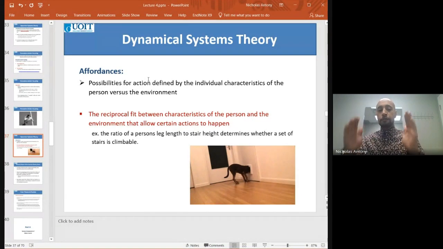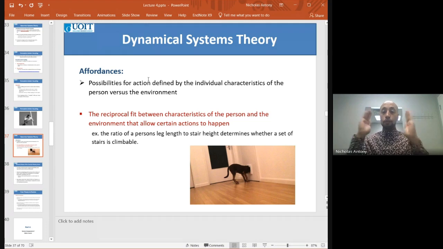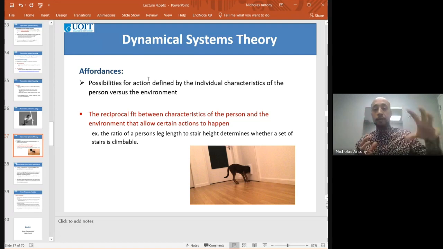In the other, they had a door frame and had people walk through it, and with each repetition they would make the door frame a little smaller. At some point the person would hit their shoulders. They would know ahead of time, seeing the door and walking towards it, that they would have to go sideways to get through the door frame. So affordances means that people generally have an idea of how their body fits in the environment.